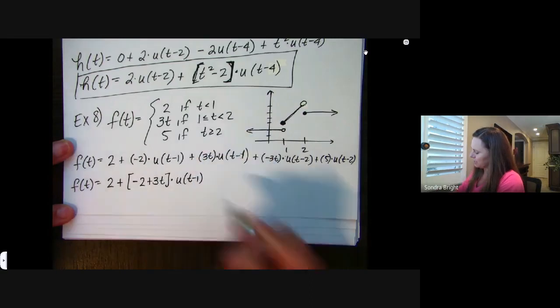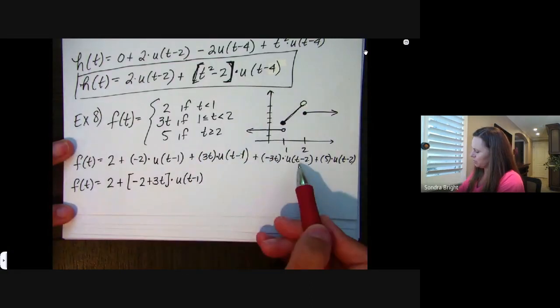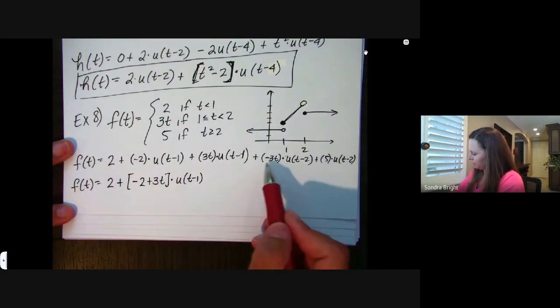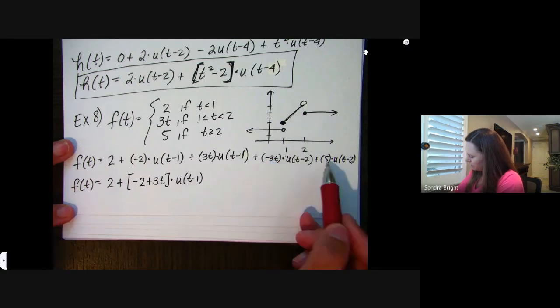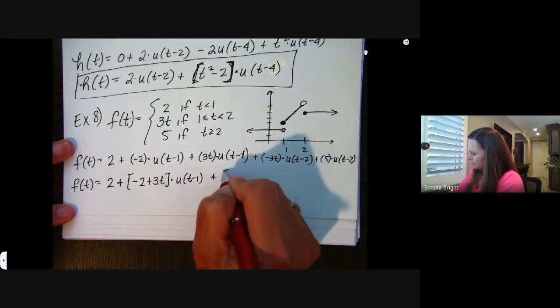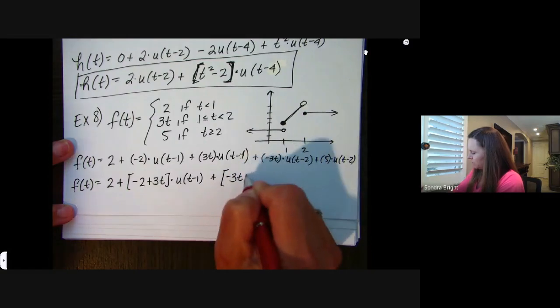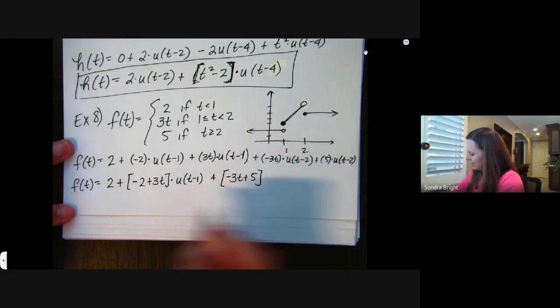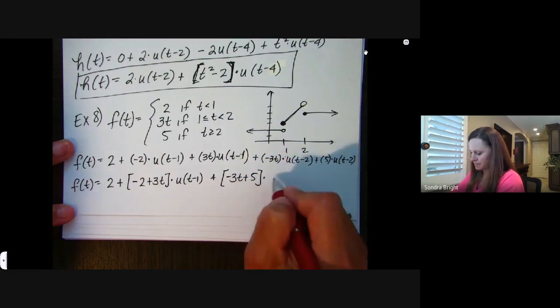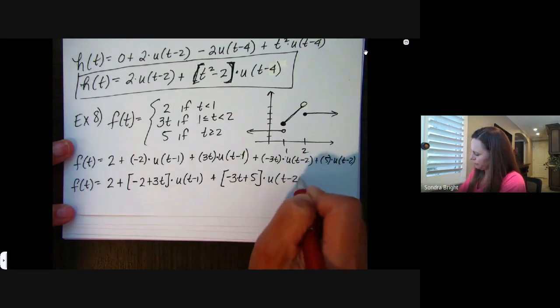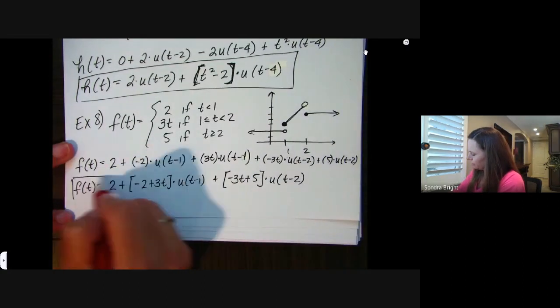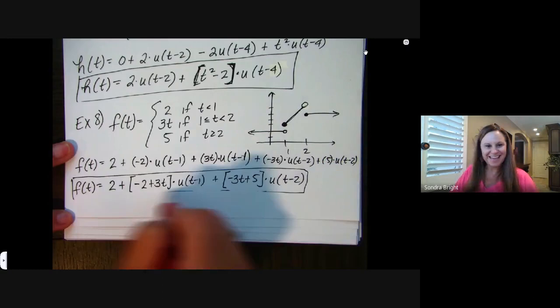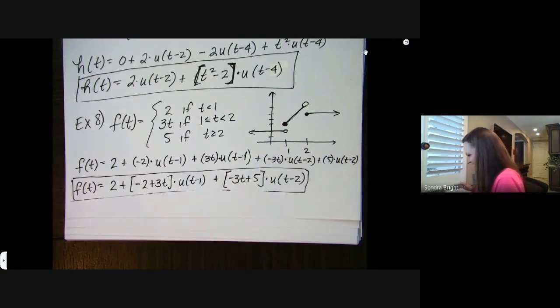And then for u of t minus 2, you've got a negative 3t and then a plus 5. I'm going to use hard brackets again, so you can distinguish that it's this whole thing times u of t minus 2. Okay?